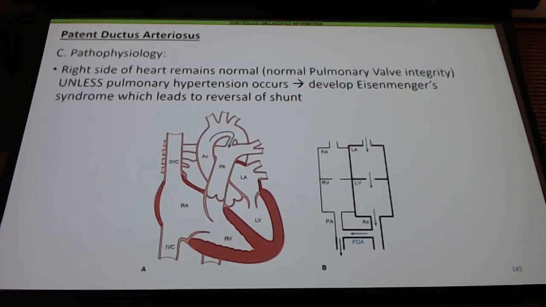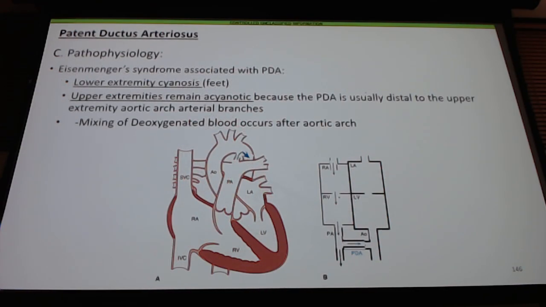And then that can lead to pressures increasing in the pulmonary circulation, which over time can lead to an Eisenmenger's syndrome, where now you're getting a reversal of that flow, where now you have deoxygenated blood leaving the pulmonary artery and going into the aorta, which then gets sent downstream to the lower body, lower extremities.